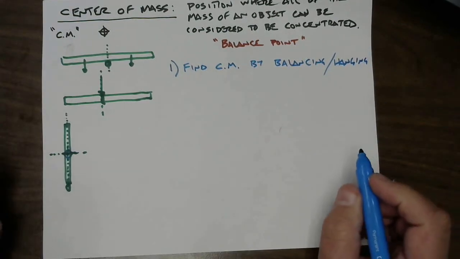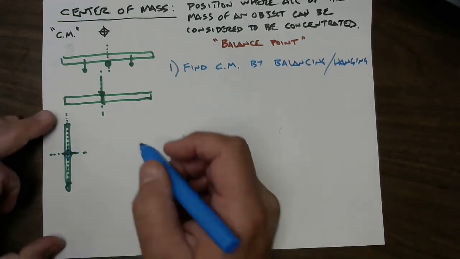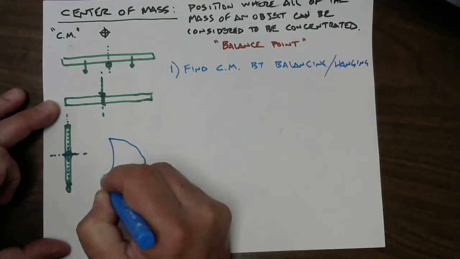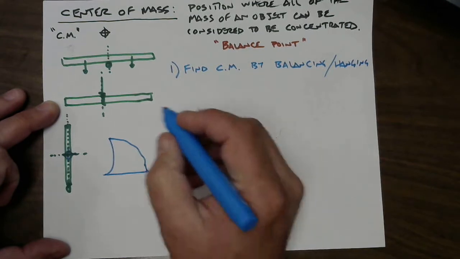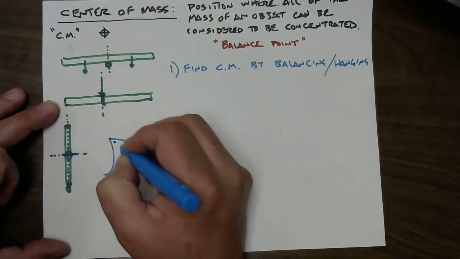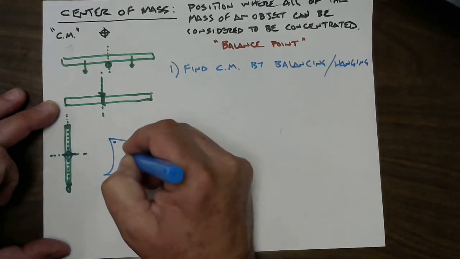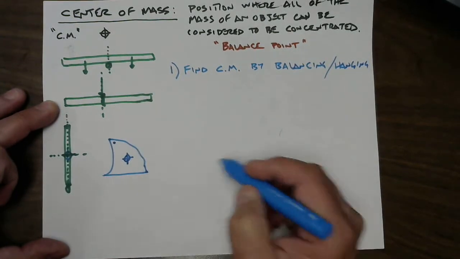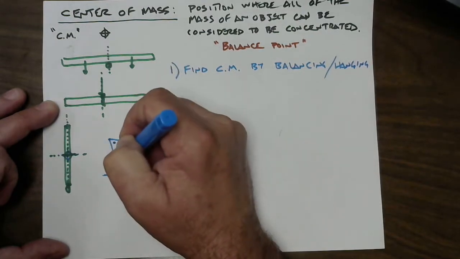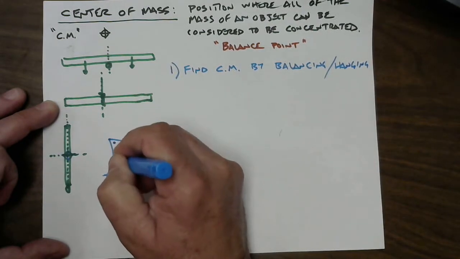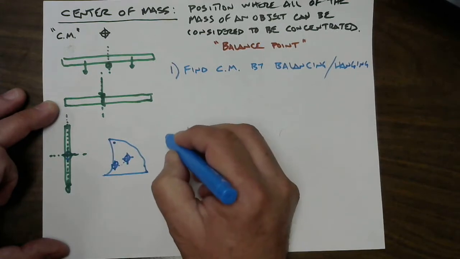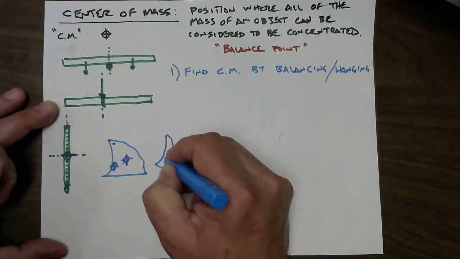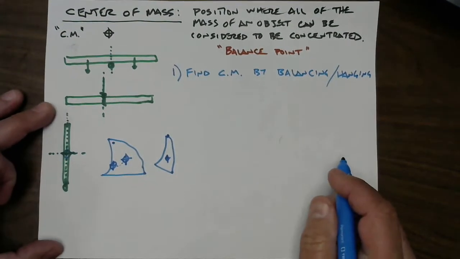By the way, if you just hang an object from a nail, like some sort of weird, let's say you bought some sort of weird piece of art at an auction and it looked like a shark fin or something, and if you just drill a hole in the top of it and hang it on a nail, then wherever the center of mass in the object is, let's say that it's over here somewhere, that's a guesstimate on my part, the whole thing will swivel until this becomes directly below, so the shark fin will actually hang on your wall, you know, in this kind of orientation, so that the center of mass is directly below the pivot point.